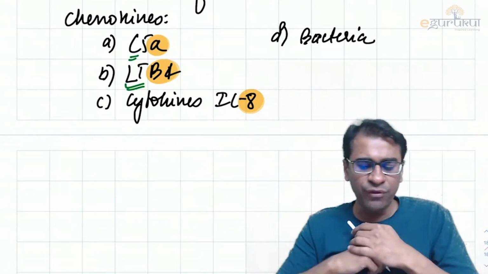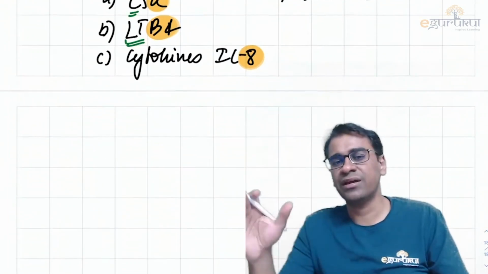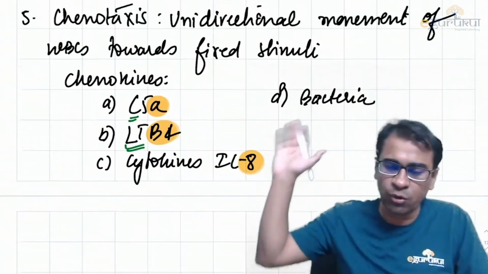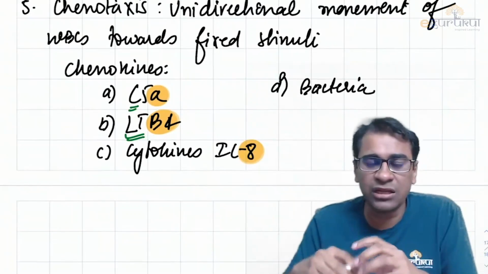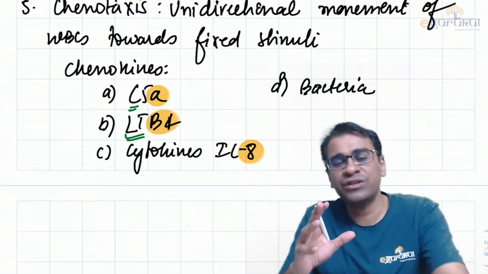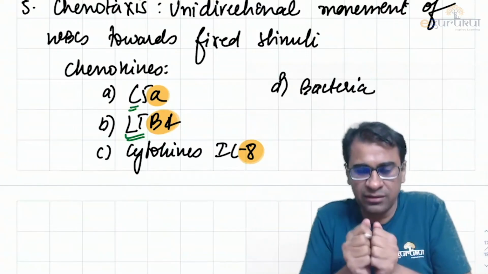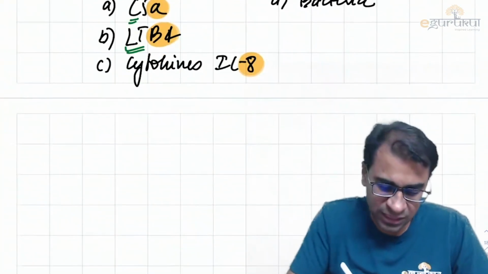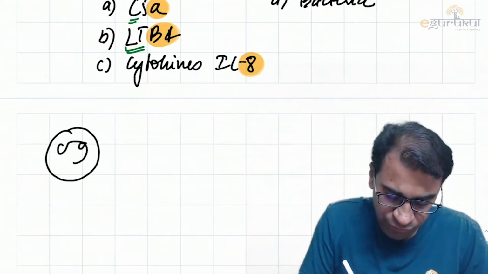Acha. Now, if you're wondering how do the cells move there? The cells move by actin polymerization. So all these chemokines act on the G-coupled receptors on white blood cells, because of which the WBCs contract, release, and keep on moving ahead. That means, suppose there's a neutrophil here.